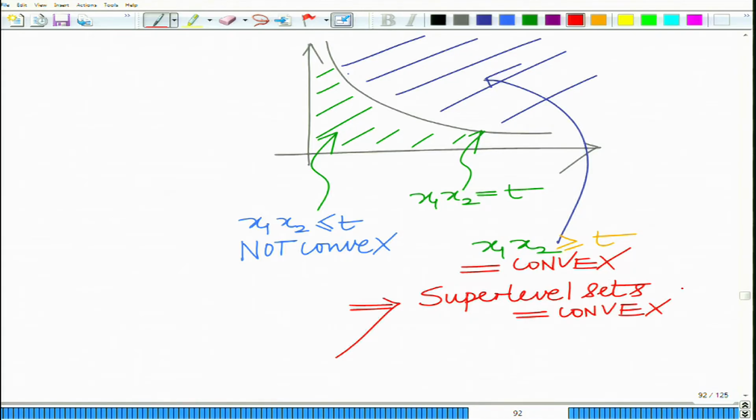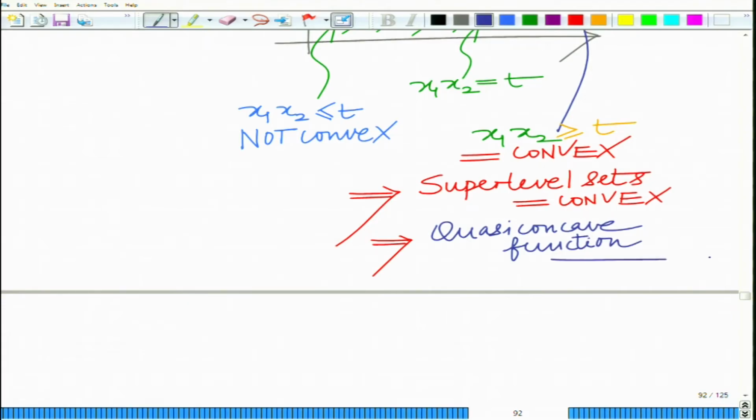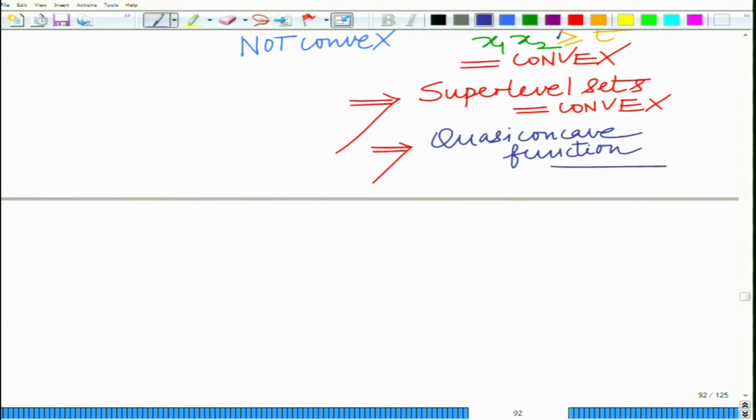Sub level set, remember, is the set such that x1 x2 is less than or equal to t. Super level set is the set x1 x2 greater than or equal to t for any value of the parameter t. So, the super level sets are convex, which means this is a quasi-concave function. So, x1 x2 is neither convex nor concave, it is a quasi-concave function.